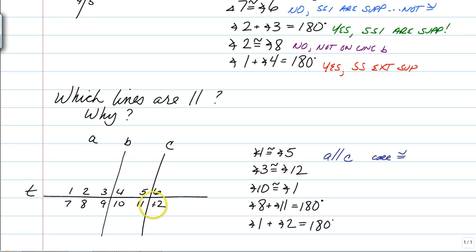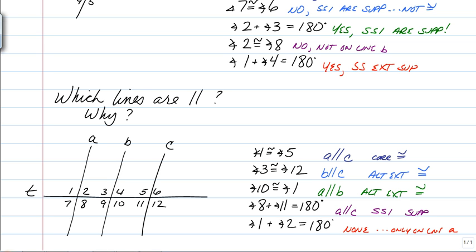So they are both exterior on opposite sides of the transversal. So this would be B is parallel to C because alternate exterior are congruent. Okay? And now you can start looking at line A again. And why don't you pause the video and see if you can finish the rest.